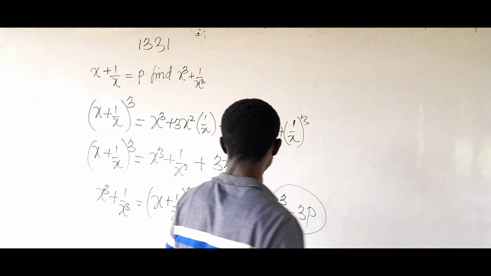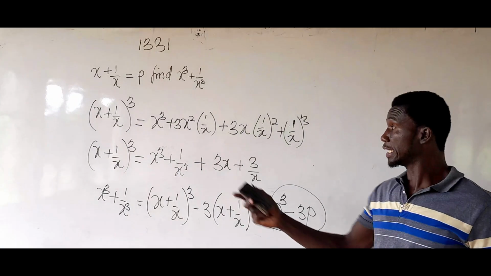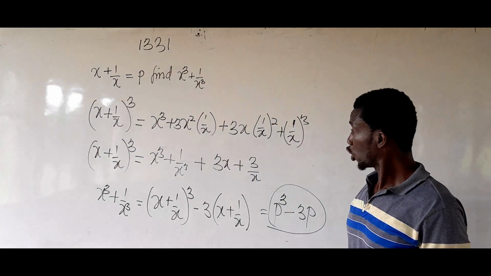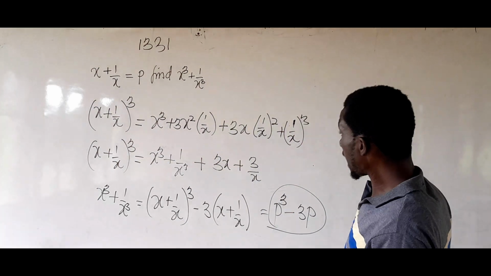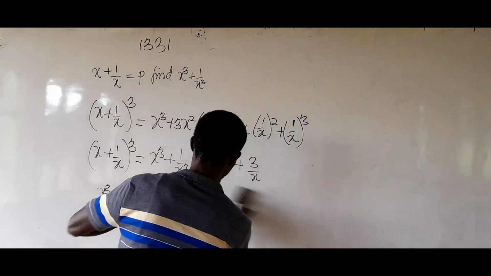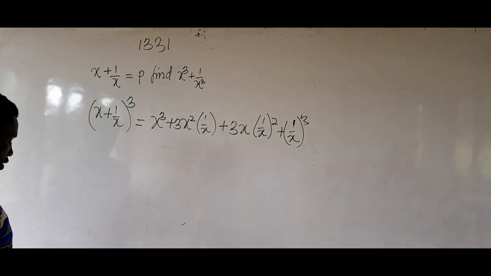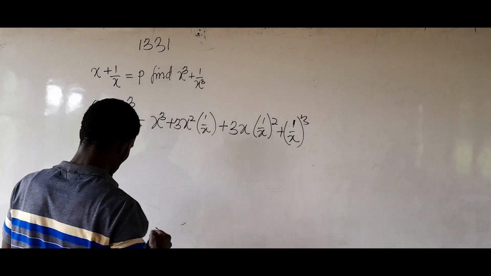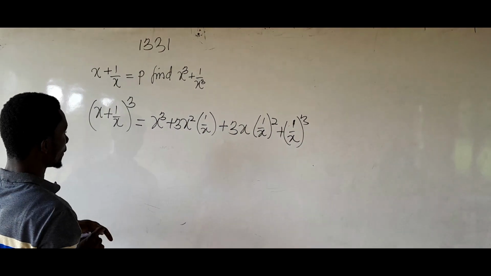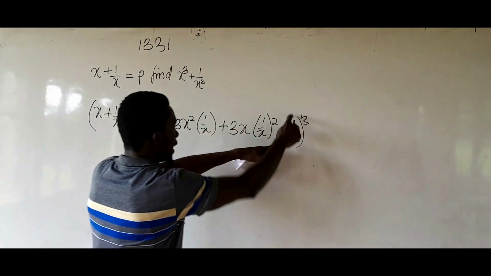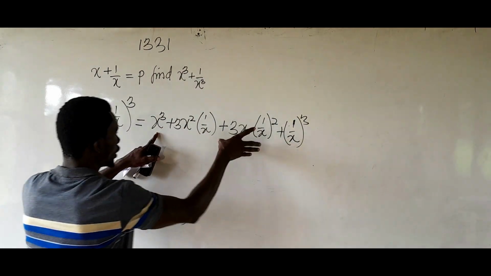But if you are in a science and math quiz, and the lady asks the question, you won't go through these steps. What you will do is that after you have reached here, your simplification here should tell you that here we have x cubed plus 1 over x cubed. So the rest will go here.